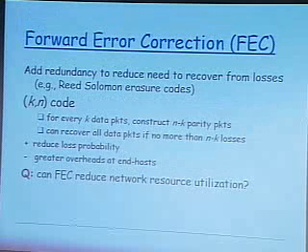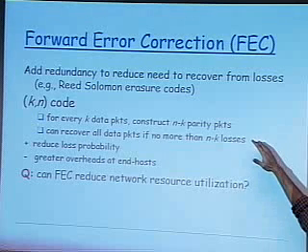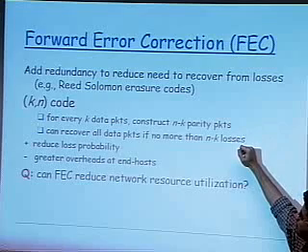In the forward error correction scenario, are you familiar with forward error correction coding? In forward error correction coding, you add redundancy to the data that you are transmitting, and that redundancy helps you recover from losses. An example is Reed-Solomon erasure code.